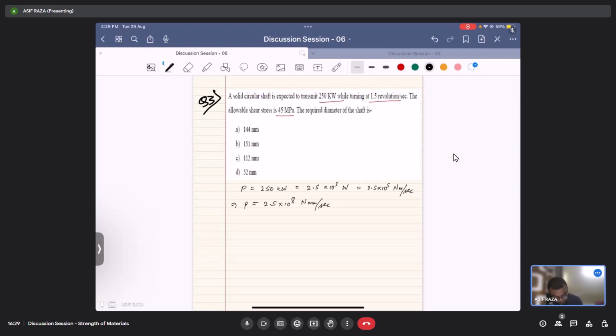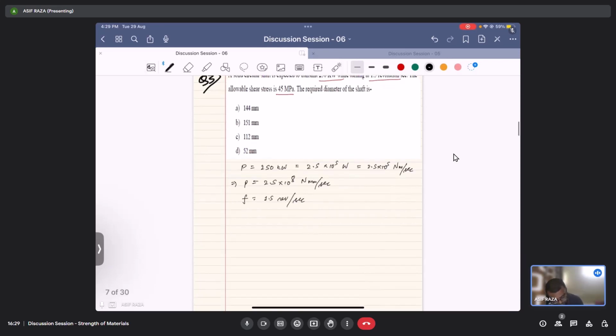Okay. Now revolution is given as, so frequency f is given as 1.5 revolutions per second.